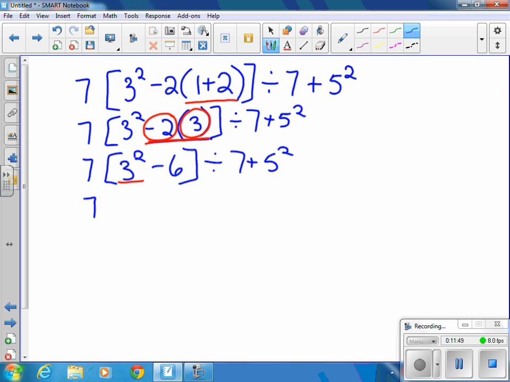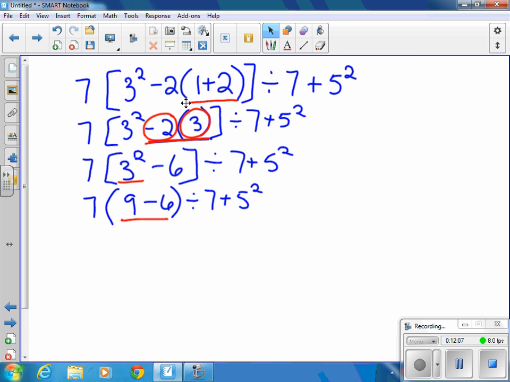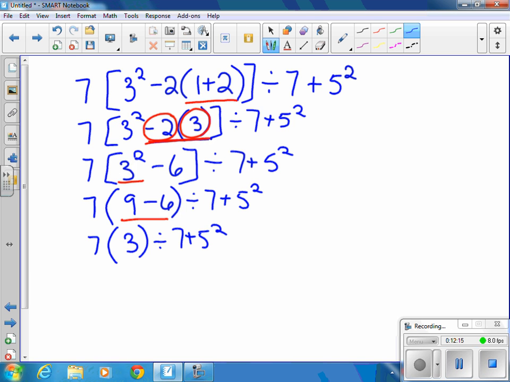So now I have 7, and I'm going to now change it to parentheses. 3 squared is 9 because 3 times 3 is 9, minus 6, and my parentheses divided by 7 plus 5 squared. Now I'm just going to do my parentheses still for my last step to get rid of that. Now I have 7 parentheses 3 divided by 7 plus 5 squared.